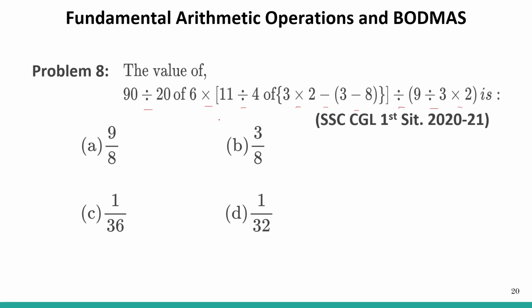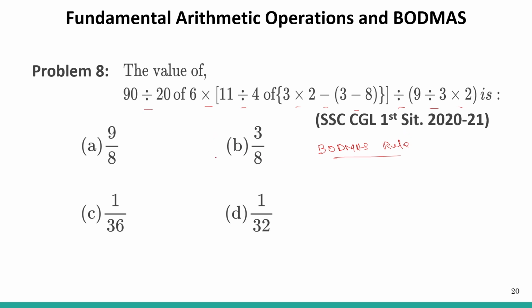So we need an order in order to simplify this term. The order comes from the BODMAS rule. This question appeared in the first sitting of the 2020-21 SSC CGL, the first sitting paper.